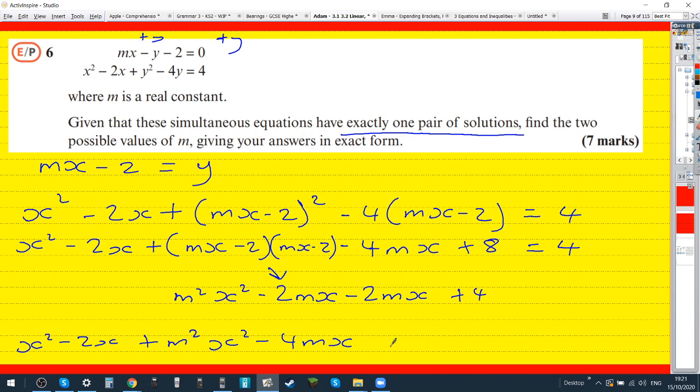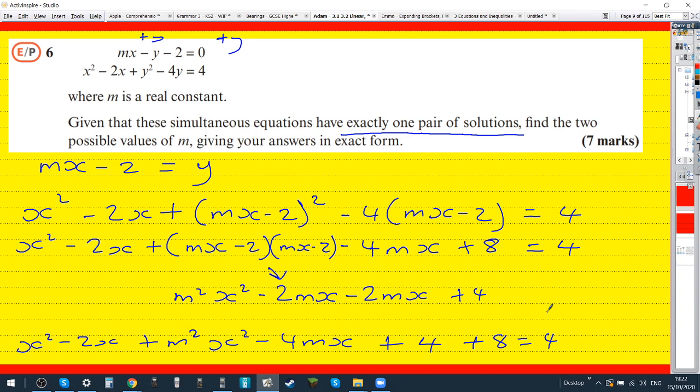And then could you put that back into the equation? Yep. So it'd be x squared minus 2x add m squared x squared minus 4mx plus 4 minus 4mx plus 8 equals 4.